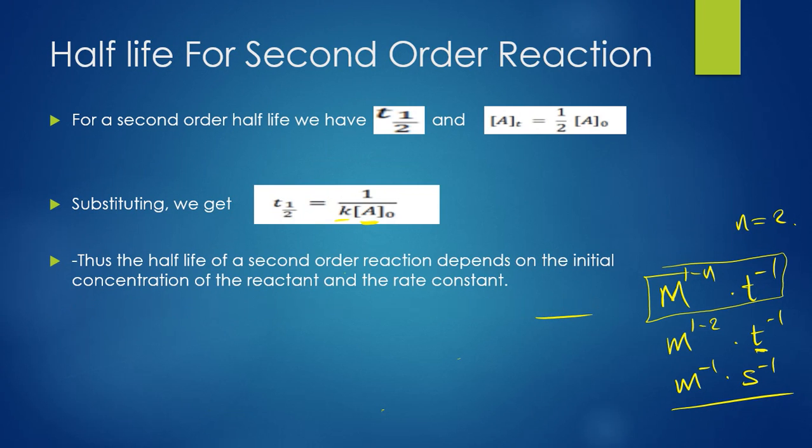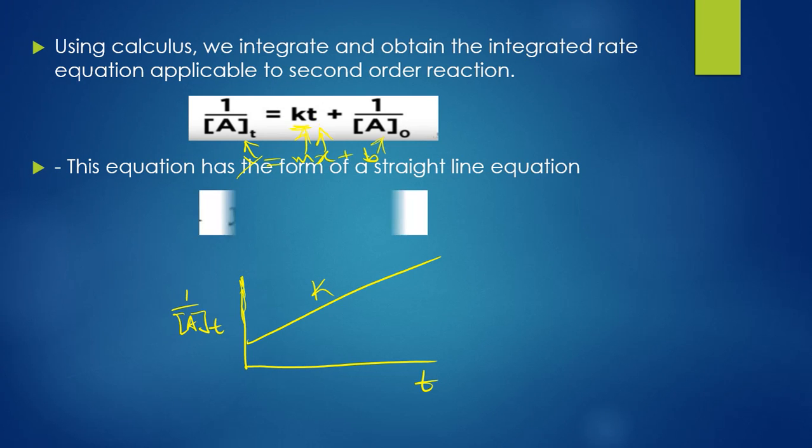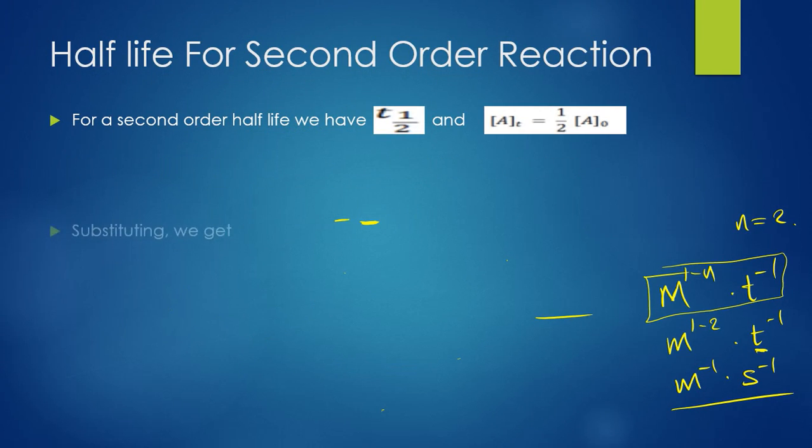Here it's positive, so it can be like this. This one is time, and then you have 1 over the concentration, going up because this k is positive. So you just have to know the graphs. Since I've now shown you, we can move on.